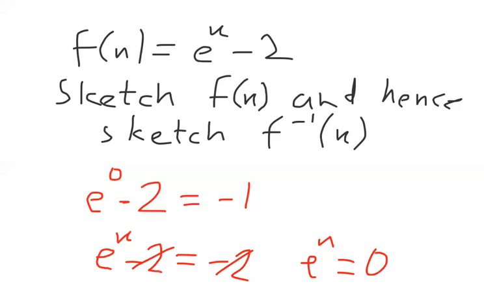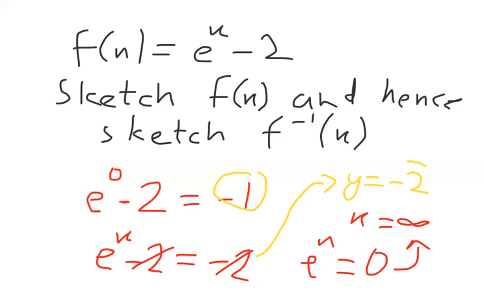Then x would become undefined over here. So at y equals minus 2, we have the horizontal asymptote. We found minus 1 as the y-intercept and minus 2 as the horizontal asymptote. This is minus 1. This is minus 2.